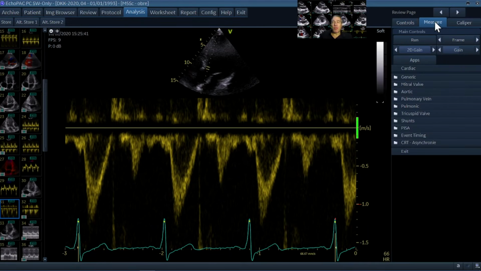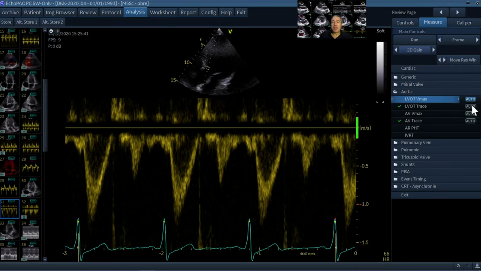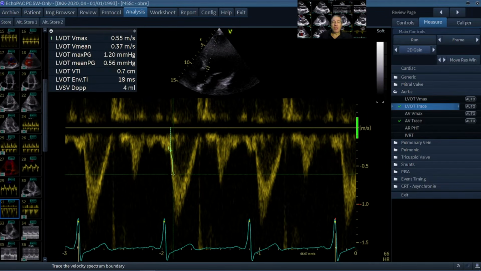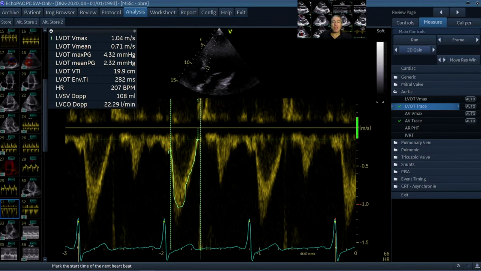If you want to measure here, this is the outflow tract, and you might then look at the left ventricular outflow tract tracing. So I trace the spectrum here, go back to 0, I indicate the heart rate, and if you have measured the left ventricular outflow tract diameter before, which obviously has been done here in this case, you can get estimates on the left ventricular stroke volume and the cardiac output, in this case here at rest.